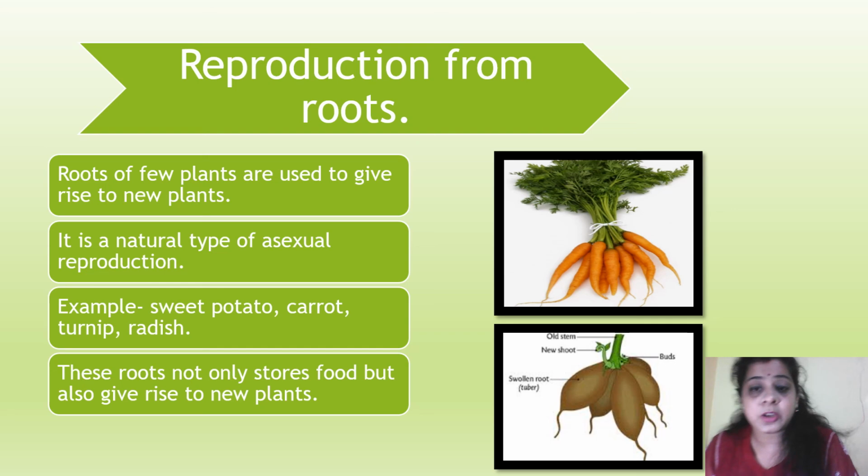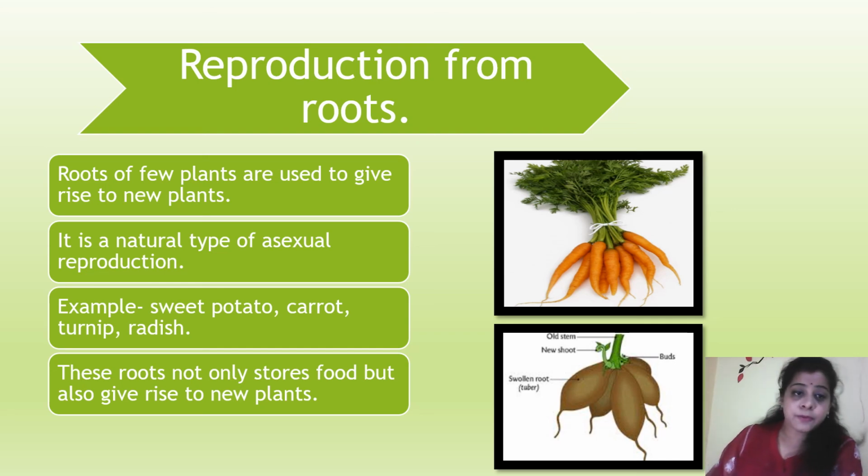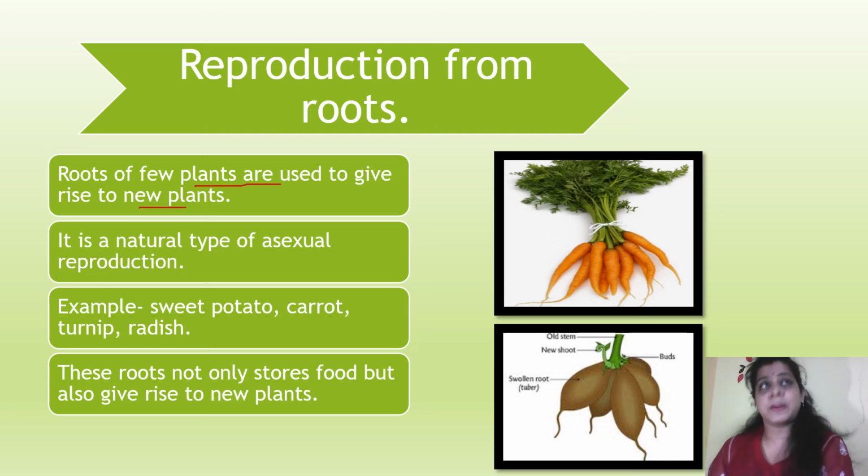Next is reproduction from roots. We have seen from stem, from spores, and now we'll come to reproduction from roots. Roots of a few plants are used to give rise to new plants. These roots are used to grow new plants. Okay, it is a natural type of asexual reproduction, meaning it does not require much human help.